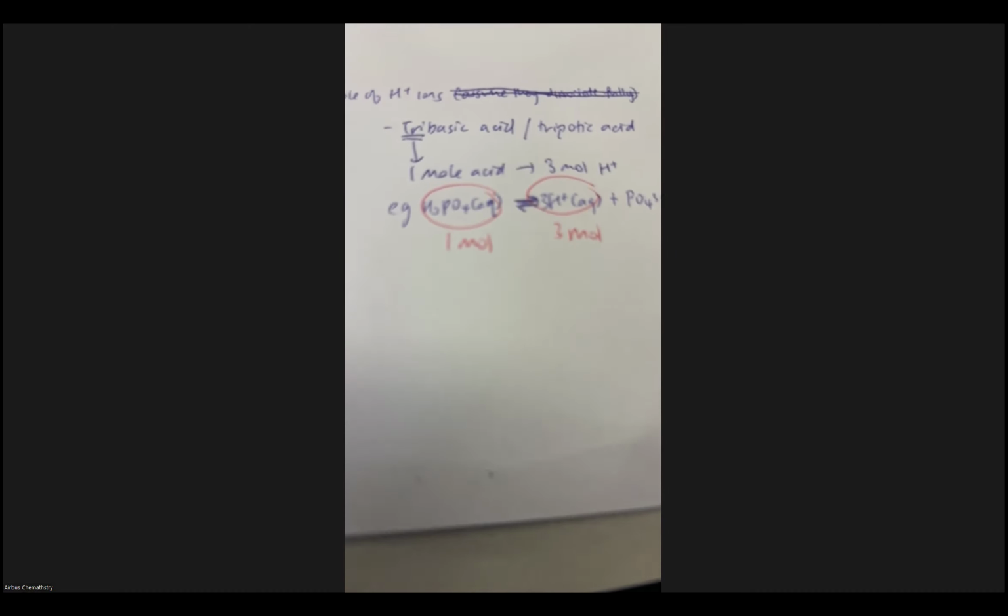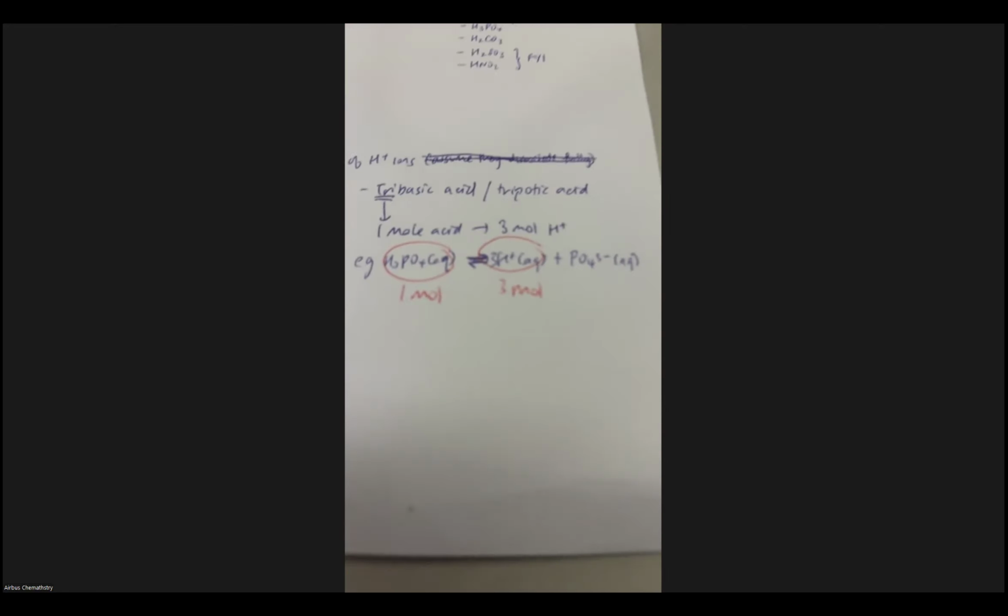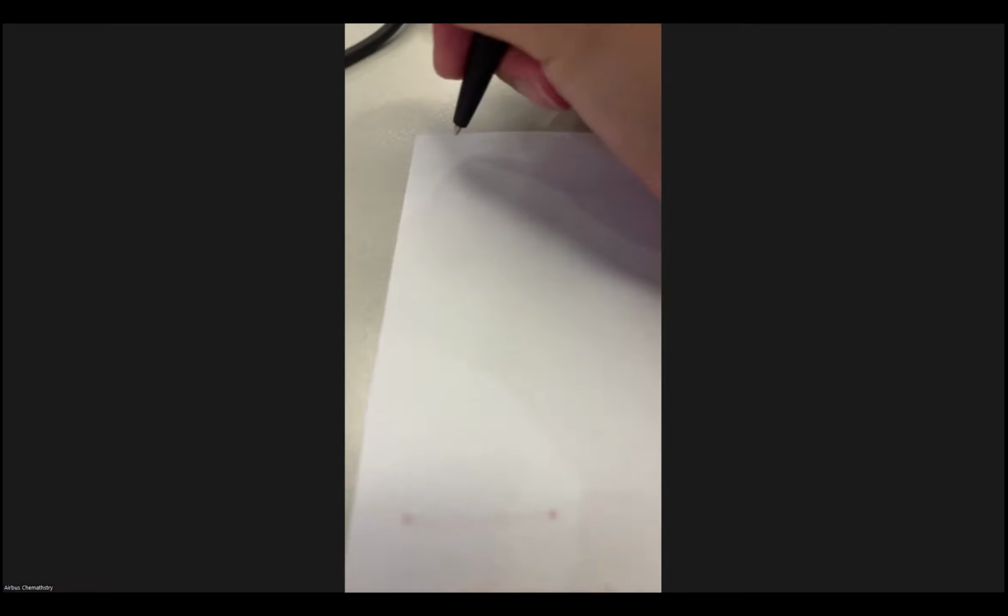Another thing that I want to talk about is how to determine the basicity of an acid using mole calculation. This is with regards to what they can give you, a titration curve for neutralization.